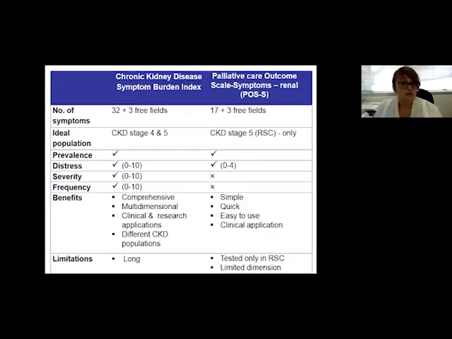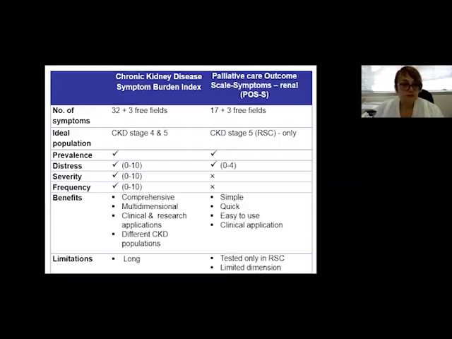So what we did was we improved the dialysis symptom index and renamed it the chronic kidney disease symptom burden index. It has quite a number of symptoms and patients can also add more symptoms. If we compare it to the POS, there are many more. The POS has only been used for conservative patients, renal supportive care patients, where we could use this in stages 4 and 5.